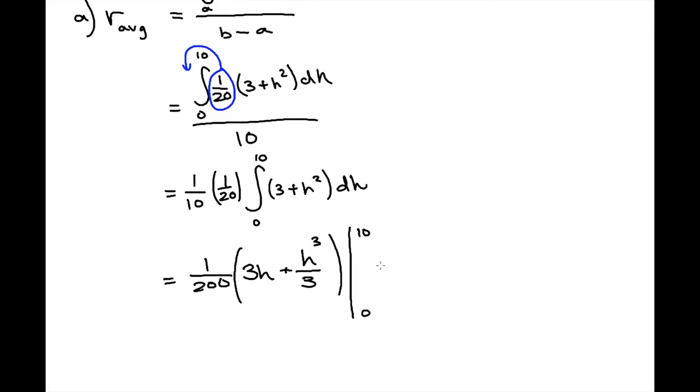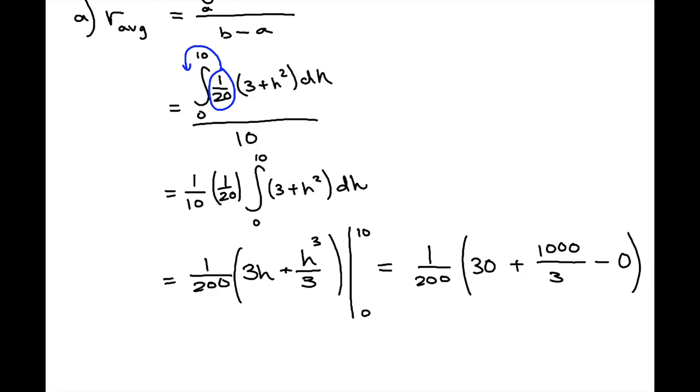What this will eventually come out to is 1 over 200 times, plugging in 10, 3 times 10, which is 30, plus 10 cubed, which is 1,000, divided by 3, minus what we get when we plug in 0. When we plug in 0, both terms just go to 0, because 3 times 0 plus 0 cubed over 3 is just 0. So we just subtract 0.